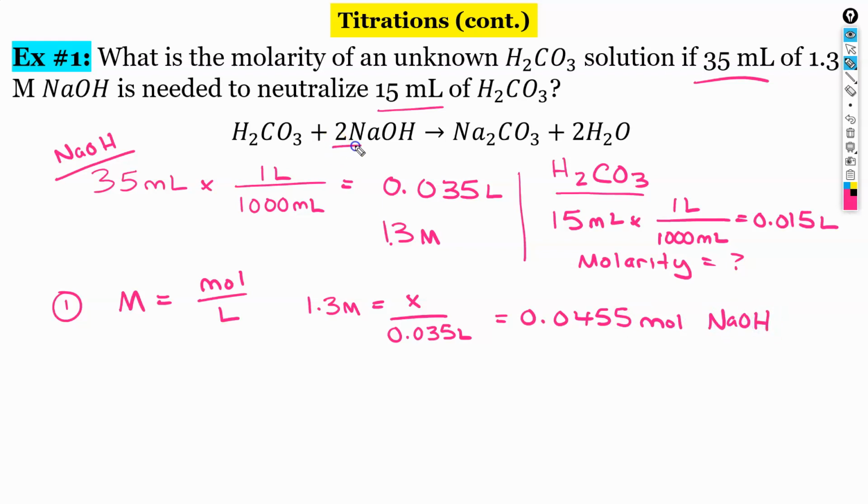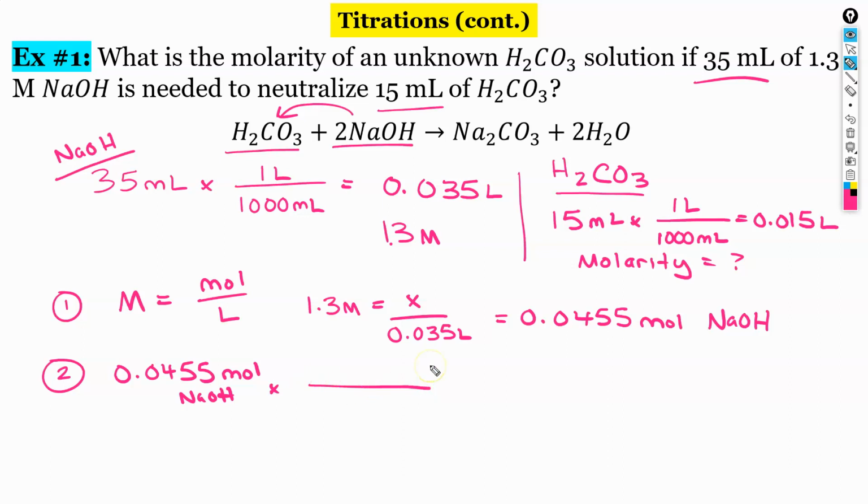Okay, so we're going from NaOH to H2CO3. So we're going to do a mole ratio here. So step 2 is a mole ratio. So 0.0455 moles of NaOH.